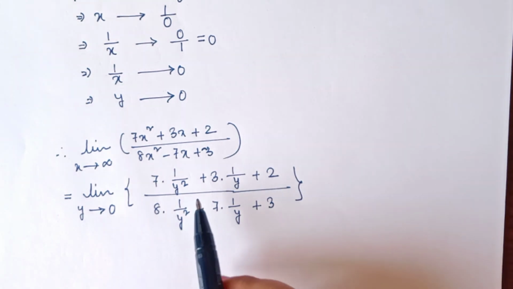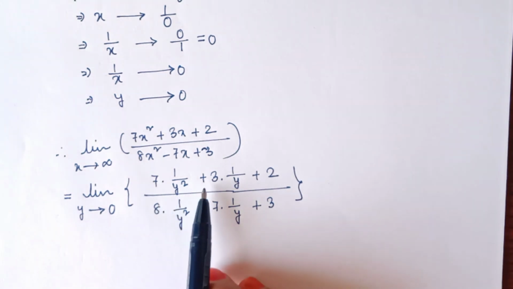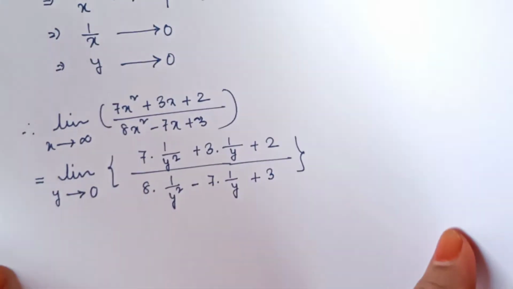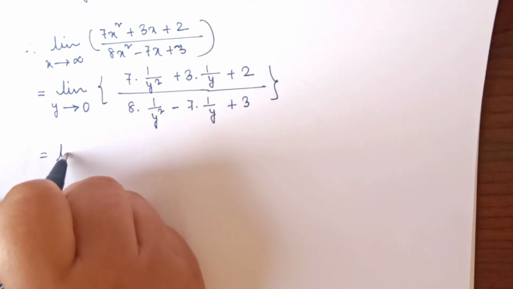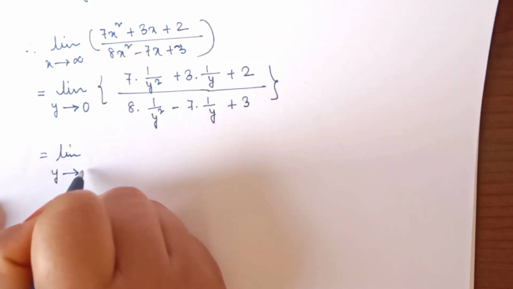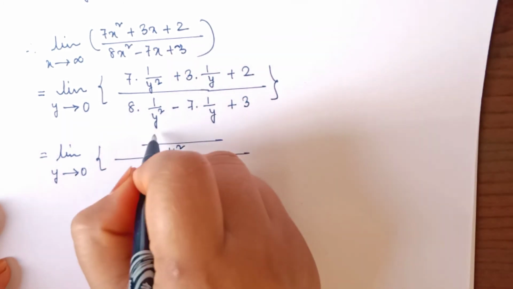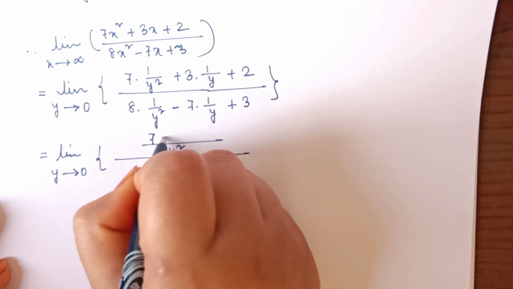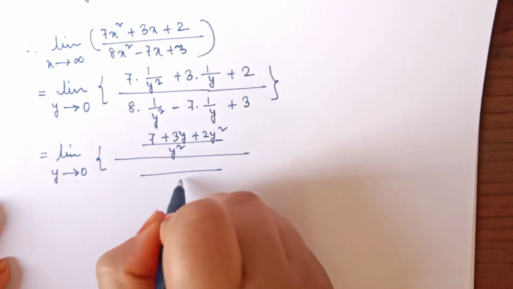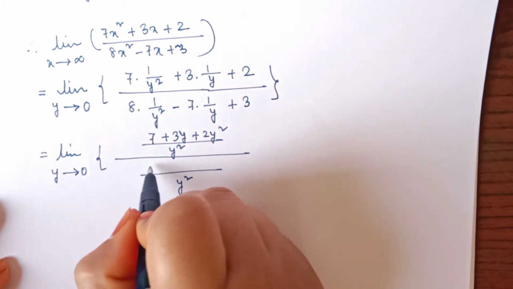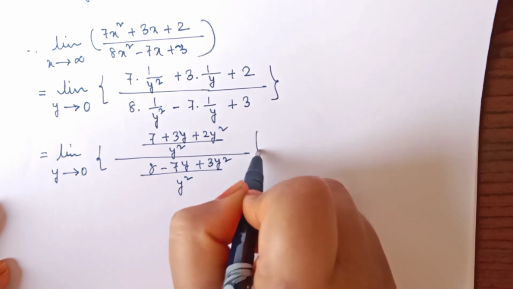Now in both numerator and denominator you can take the LCM y². So limit y tends to 0, y² times (7 + 3y + 2y²) divided by y² times (8 − 7y + 3y²).